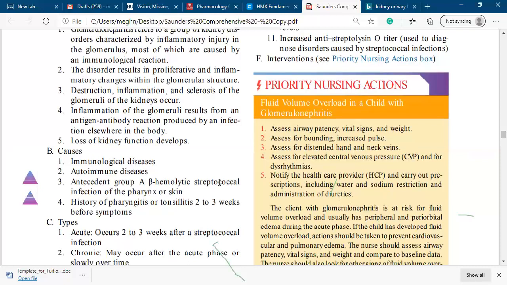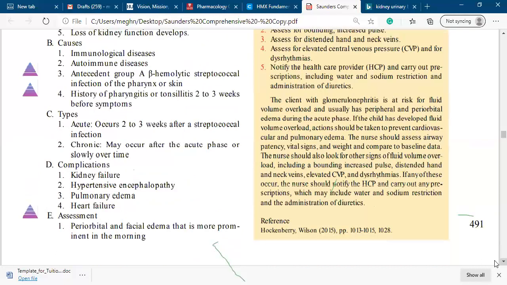If your baby does not take the antibiotic or does not complete the antibiotic course, maltreated, the chance of infection spreading to the kidney and causing glomerulonephritis, right? So if anybody has glomerulonephritis and it is not treated, complications start.